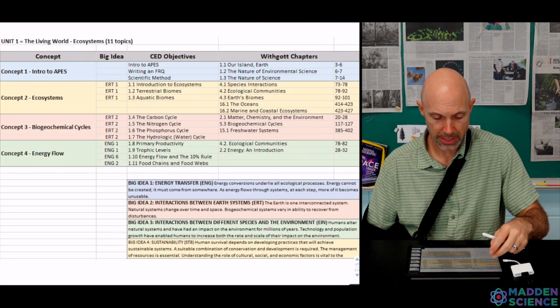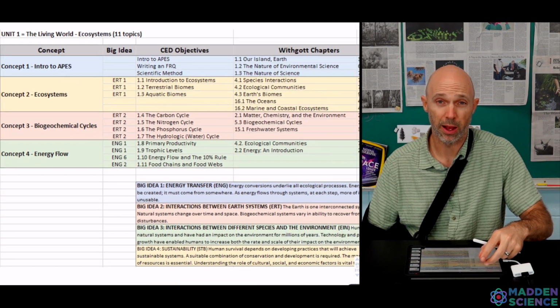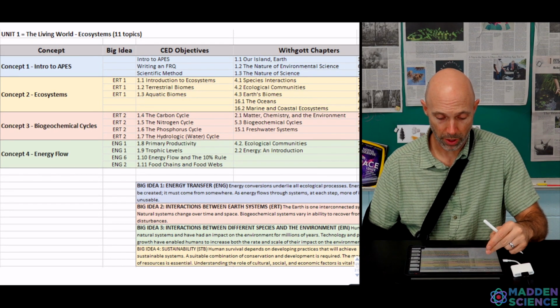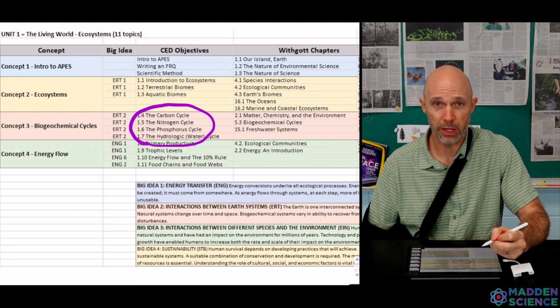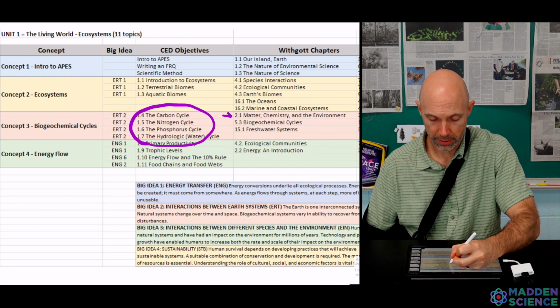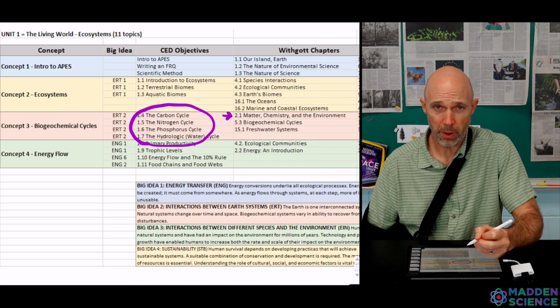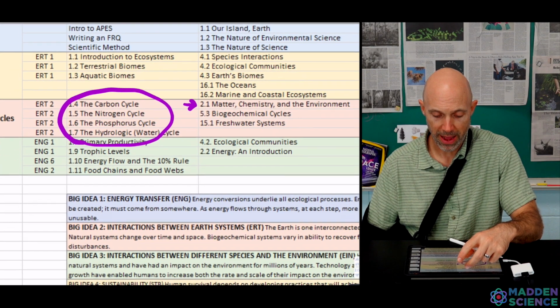If you look at our CED, we're still on concept 3 in unit 1, right here. So yesterday's video was focusing on section 2.1. Where we're at right now is going to be in 5.3.